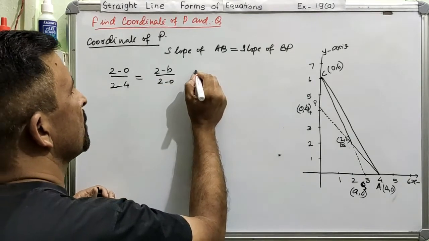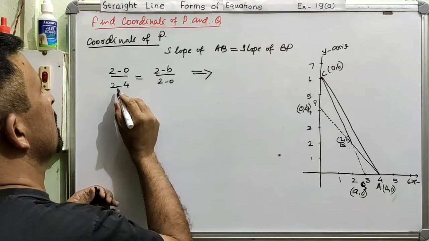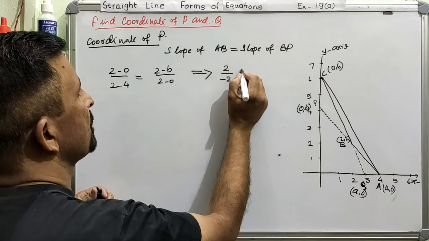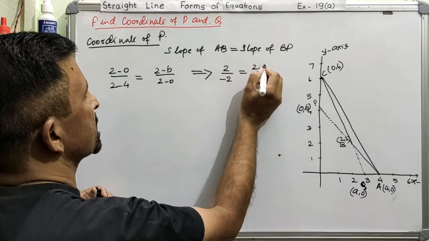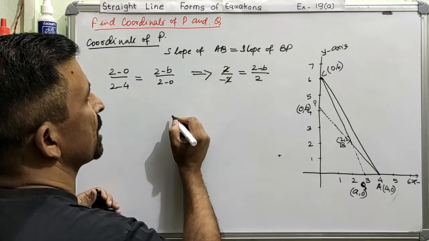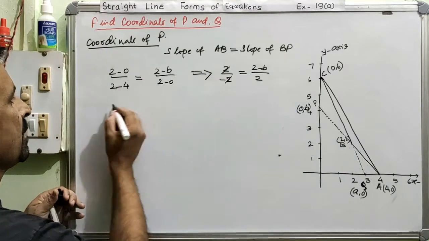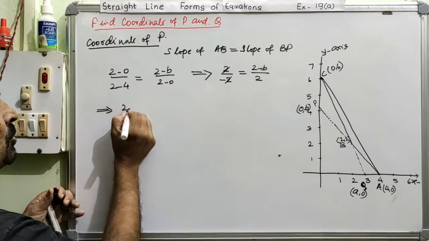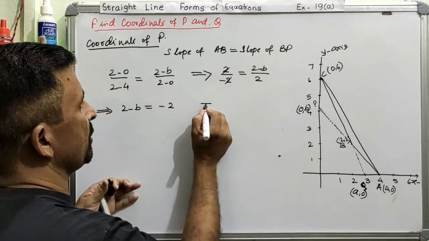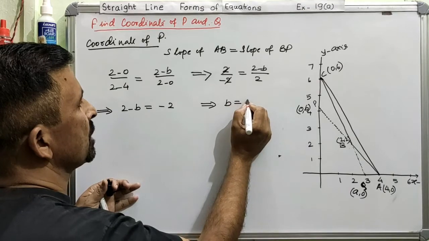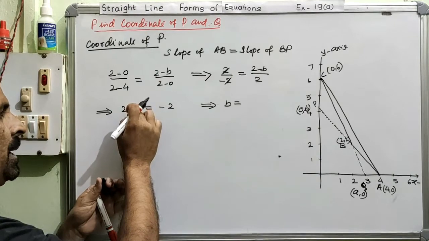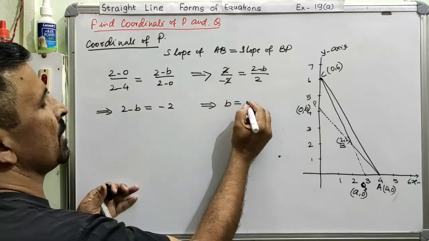So this implies 2 minus 0 is 2, and 2 minus 4 is minus 2, equal to (2 minus b) divided by 2. The 2s cancel, so you have minus 1 on this side, and then do cross multiplication. It becomes 2 minus b is equal to minus 2. Taking minus b to the right side it becomes positive, and minus 2 comes to this side and becomes positive, so b becomes 4.